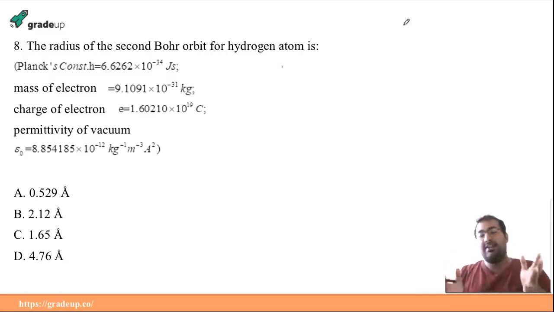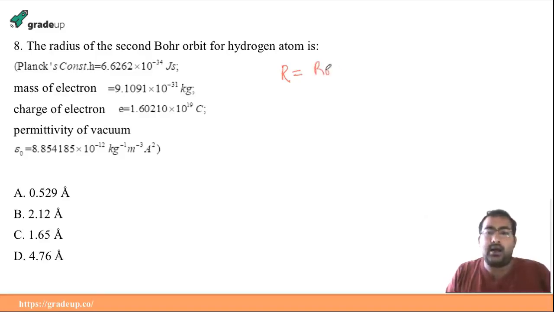Or else you always have to track down the whole formula and calculate n square, h square, epsilon naught and so on. But if you know the formula for the Bohr radius for any atom, it is r naught times n square by z. Or, okay, I guess n square by z.